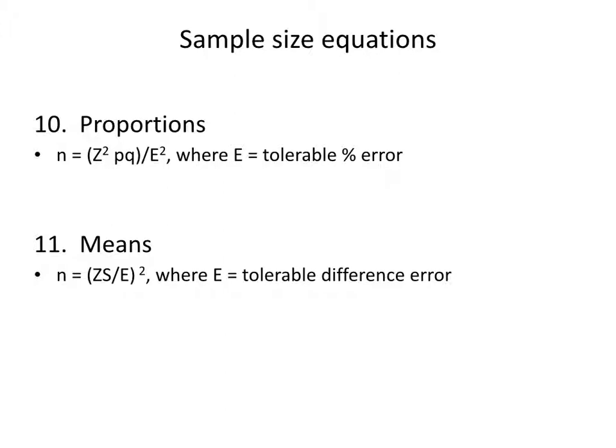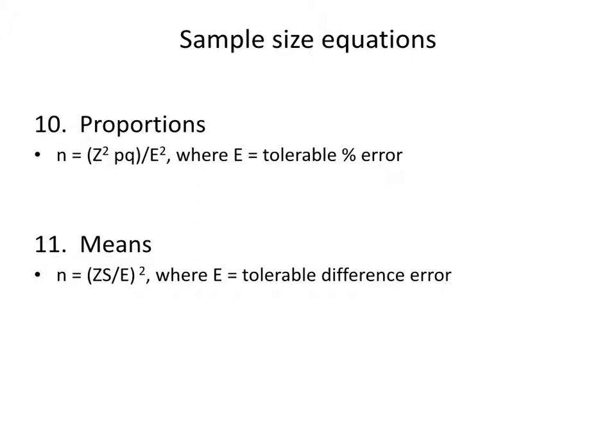So the sample size depends on z, which is a measure of the precision that we're tolerating. Remember, z is a measure of how many units out from the mean a given proportion of values fall.